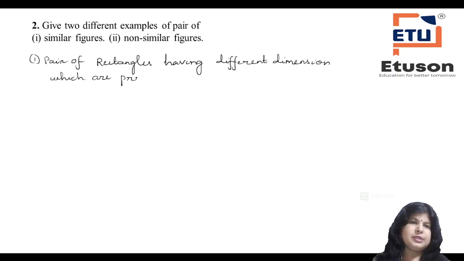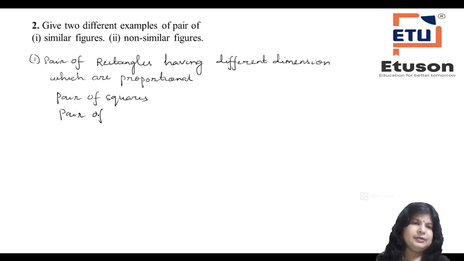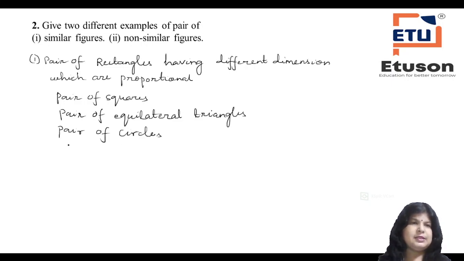Similarly, a pair of squares, a pair of equilateral triangles, then a pair of circles. So you can take many, right? Pair of circles, etc. So these are some of the examples of similar figures.